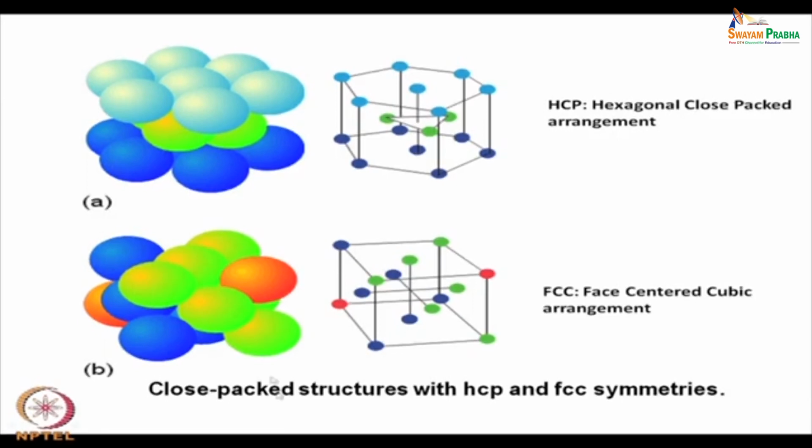For example, here in face centered cubic, the close packed planes are not actually horizontal planes. The horizontal plane is not a close packed plane. Here, the top surface of the cube has only 5 atoms, and they are not a close packed arrangement. Close packed arrangement is a diagonal plane.